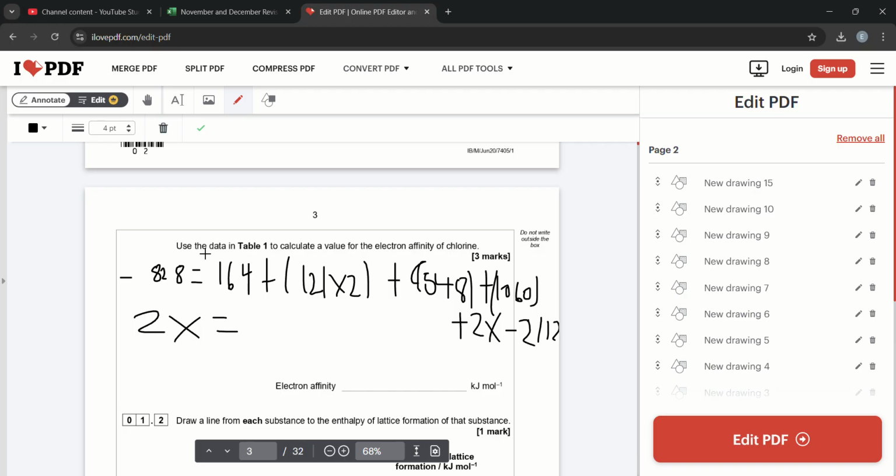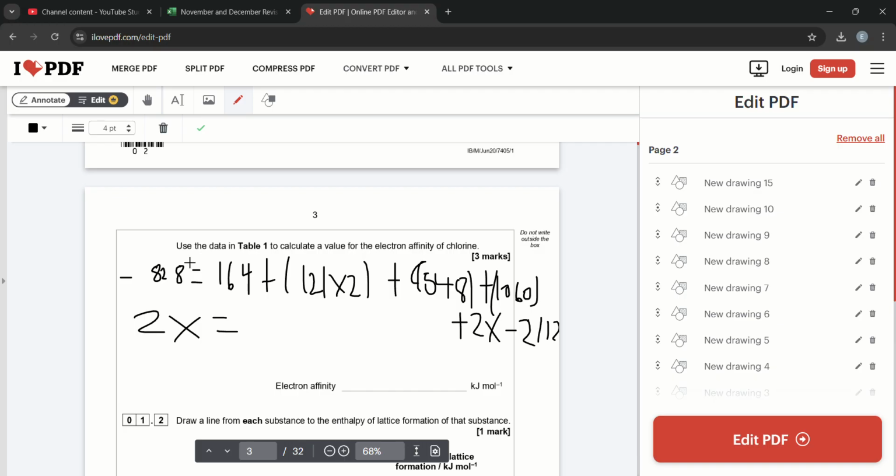So it's going to be 164 plus 2 times by 121, 406. 406 plus 548 plus 1060 minus 2112.